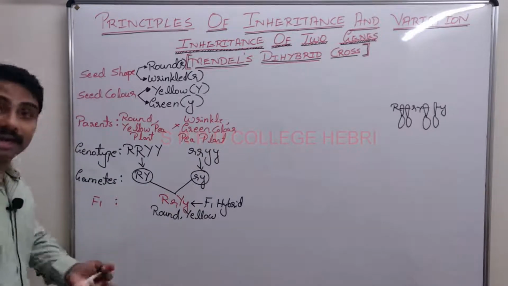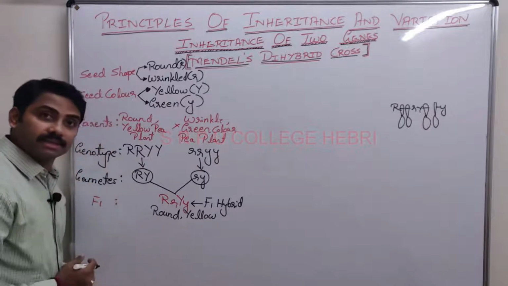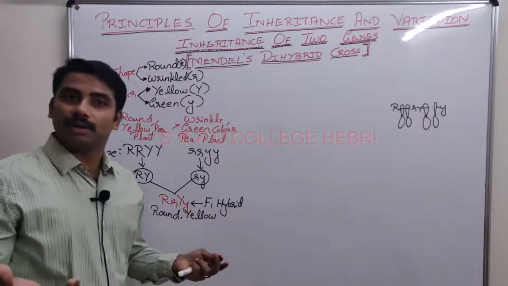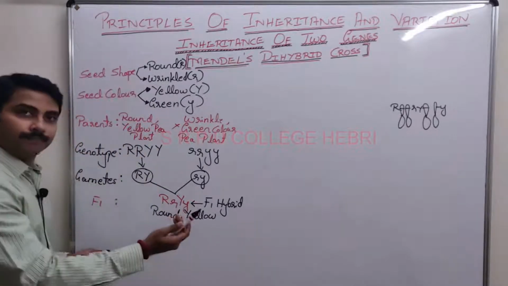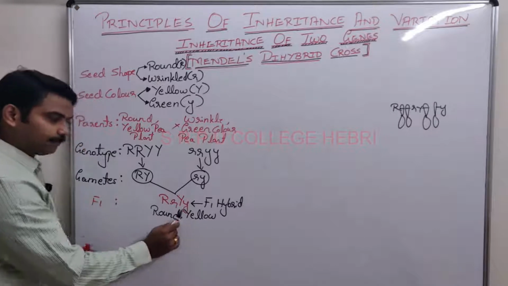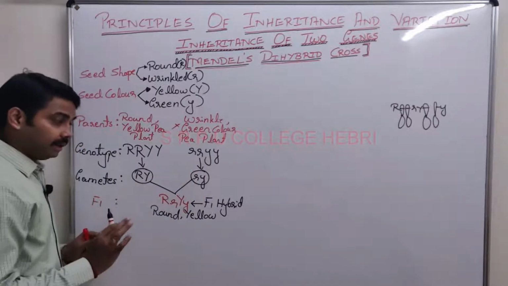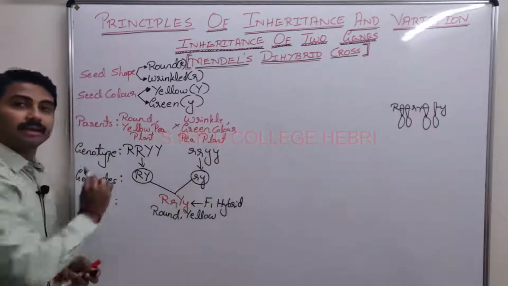To check that, and you know, in this case, why the plant had round seeds? Because capital R is dominant, small r is recessive, right? According to the law of dominance, capital Y is dominant, small y is recessive. Now, for the next 5 minutes, try to understand. He wanted to know what happened to the other parental character.